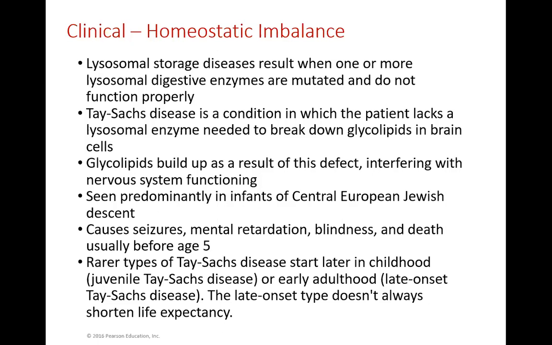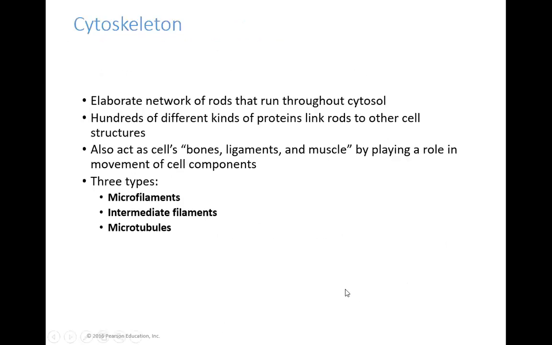And Eastern European Jews were very closed. Their society was very closed. It kept these recessive traits alive in their population. And so individuals that are descendants of Eastern European Jewish people tend to have a higher occurrence of Tay-Sachs. Now, let me go back.